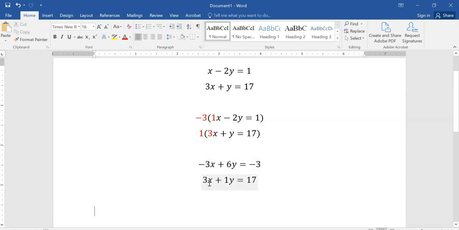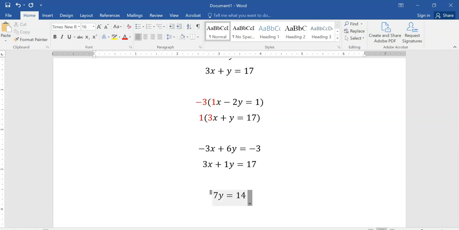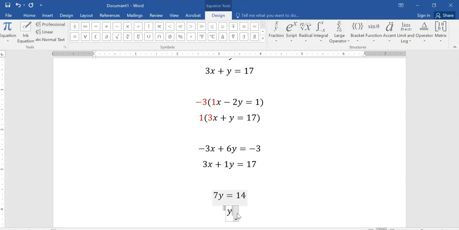Negative 3x plus 3x is 0x. 6y plus 1y is 7y. Negative 3 plus 17 is 14. And therefore, divide both sides by 7 on that equation, you get y equals 2.